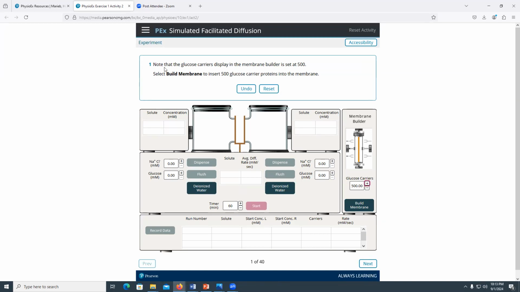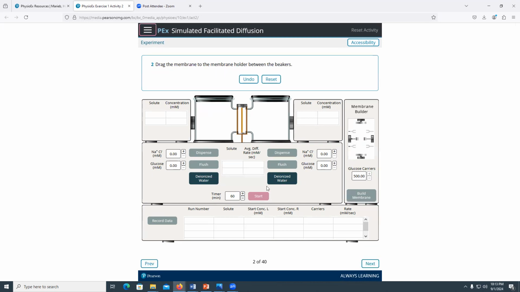Now they want us to note that the glucose carrier display in the builder is 500. So click on build the membrane. Now that is 500 glucose carrier proteins. Then we put that right here. And then the next step, drag the membrane to the membrane holder between the beakers.